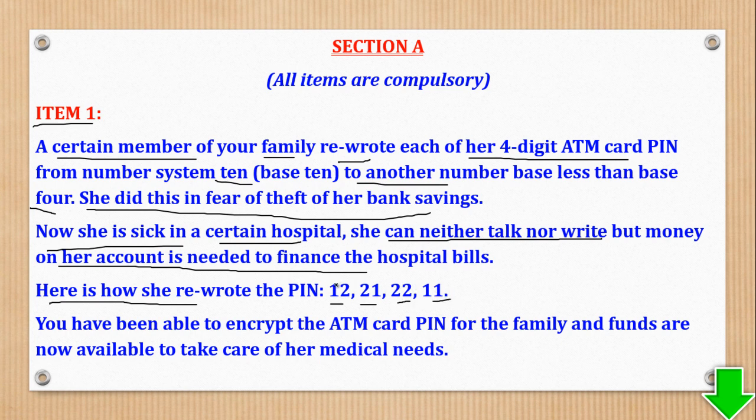Now in bases we don't say twelve, we say one two, because twelve is for base 10. So this is 12 21 22 and 11. You have been able to encrypt the ATM card pin for the family, and funds are now available to take care of her medical needs.